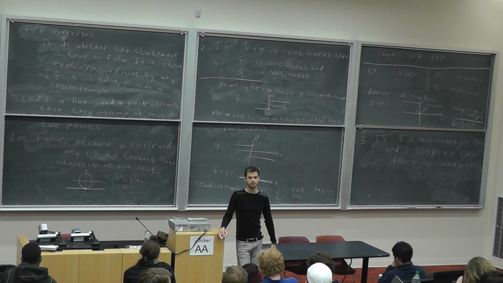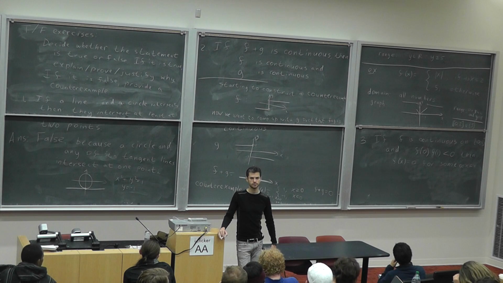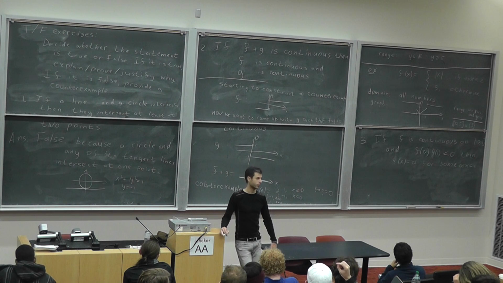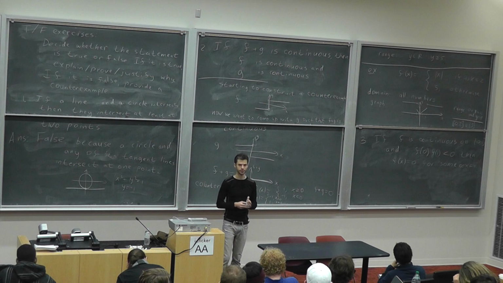It's true because there's a sign change between 0 and 1, and so therefore it must cross the x-axis between point 0 and point 1. Okay, so why is there a sign change from 0 to 1?